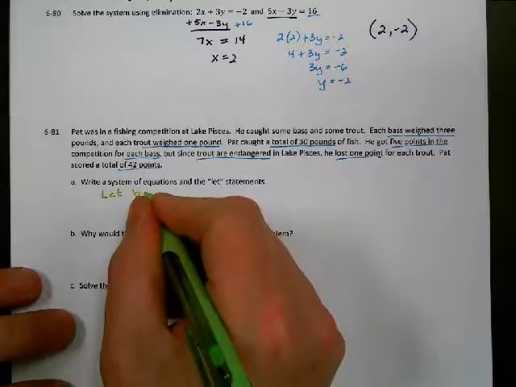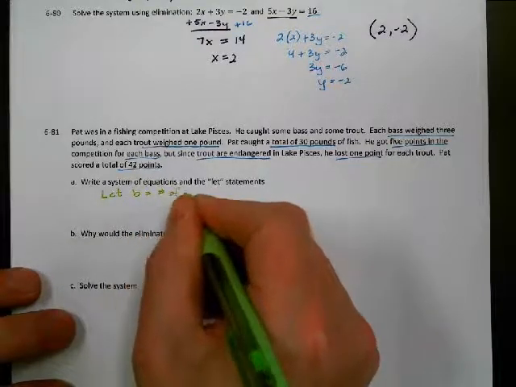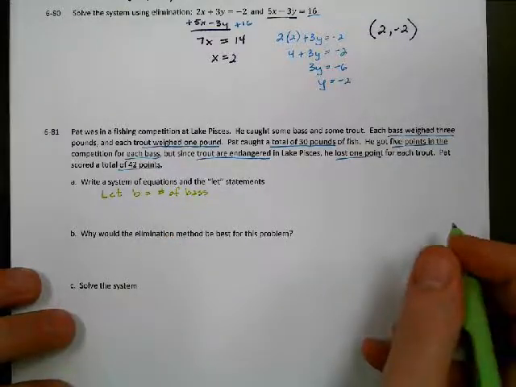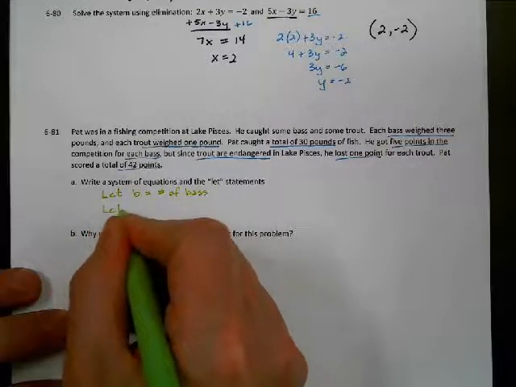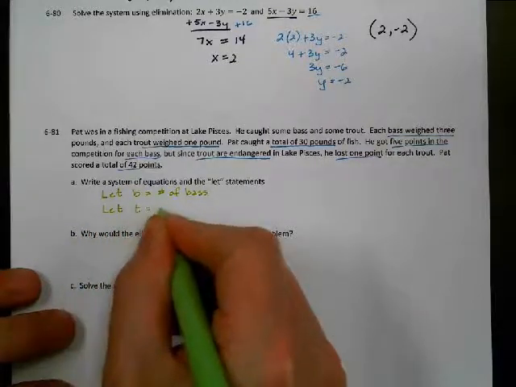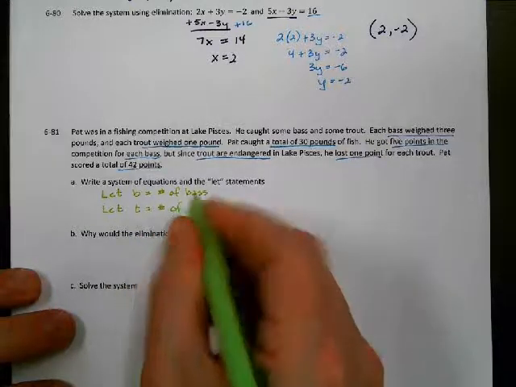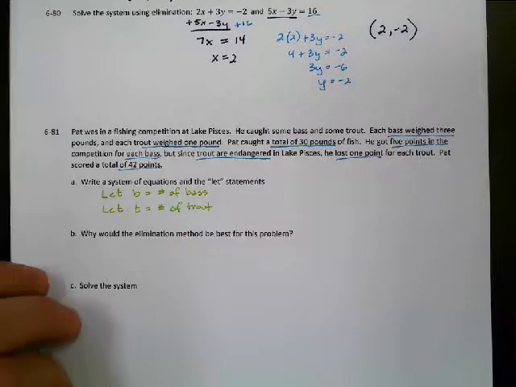B equal the number of bass Pat caught. And then I'm going to let T equal the number of trout that he should have thrown back, but he's a dummy. So B is the number of bass, T is the number of trout.